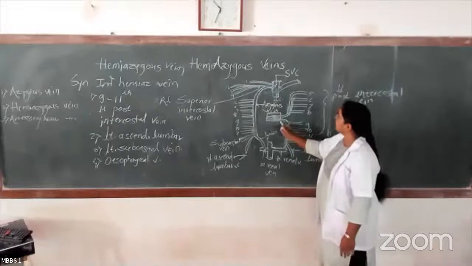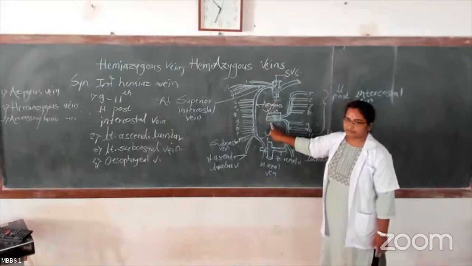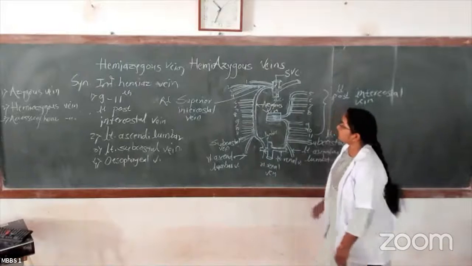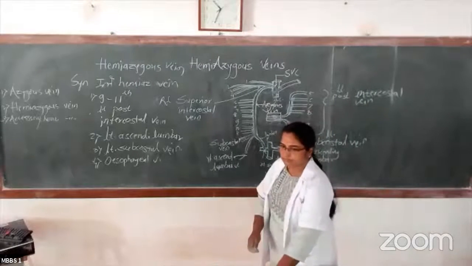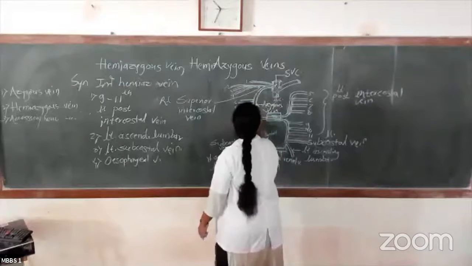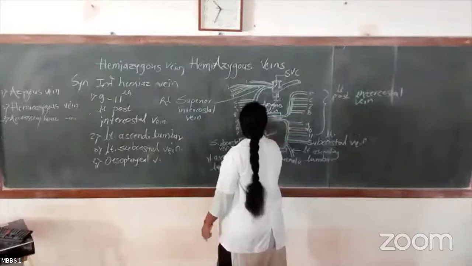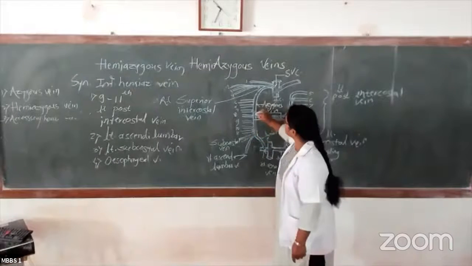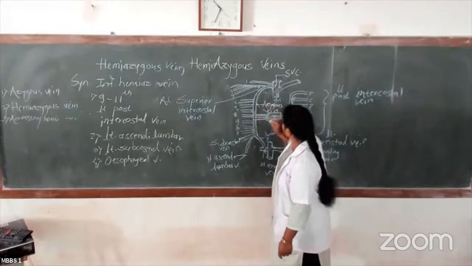Then at the level of 8th thoracic vertebra, it turns to the right side in front of this vertebral column, and then it opens into this azygous vein.